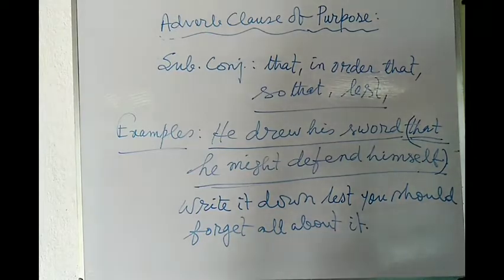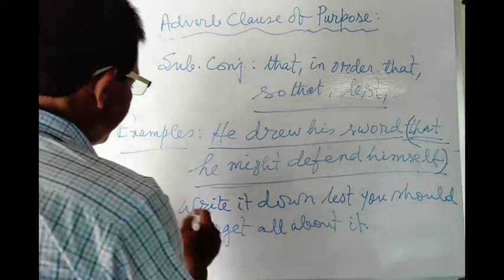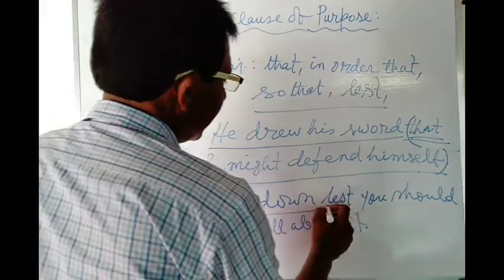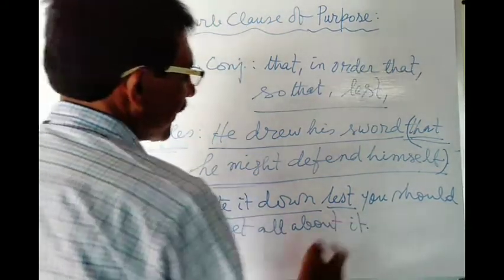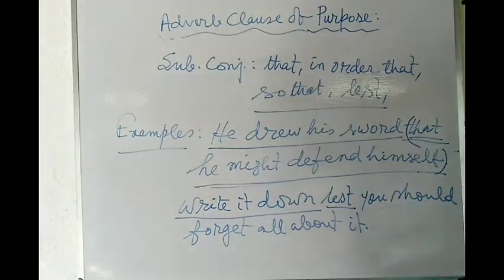Write it down, this is the principal clause. Lest is the subordinating conjunction. Lest you should forget all about it, this is the subordinating clause.